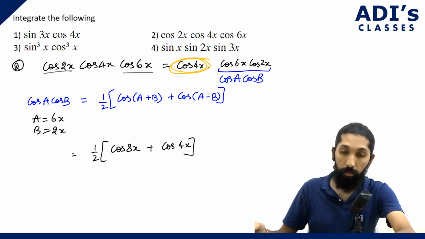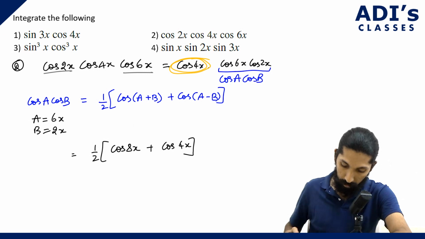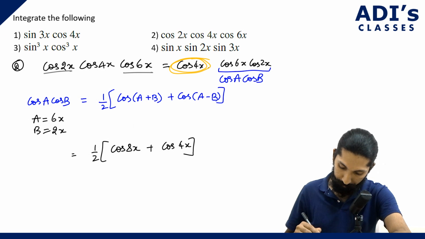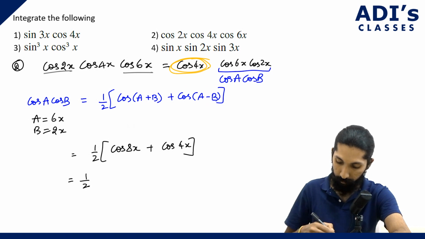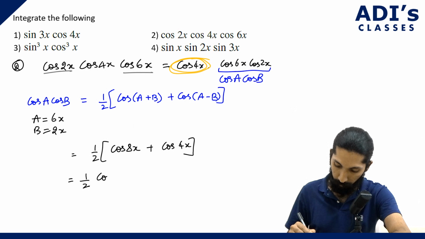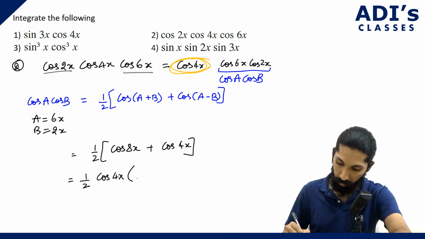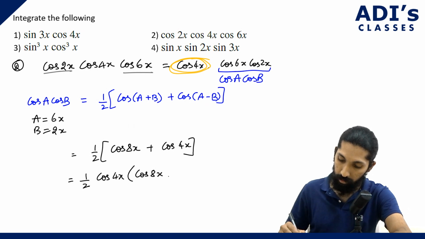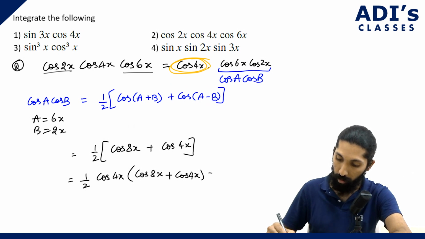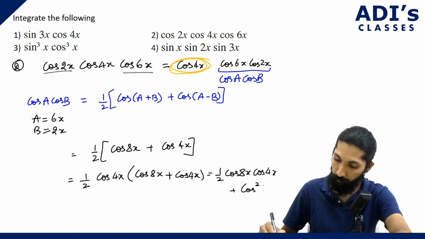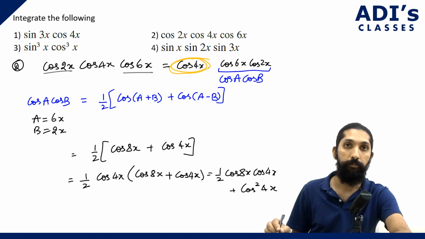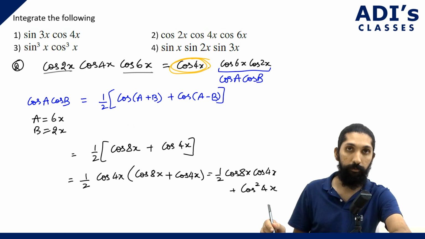So what do we do now? Multiply. So you're going to get half of first cos 4x into cos 8x plus cos 4x, or half of cos 8x into cos 4x plus cos square 4x. Correct? This is what we have.